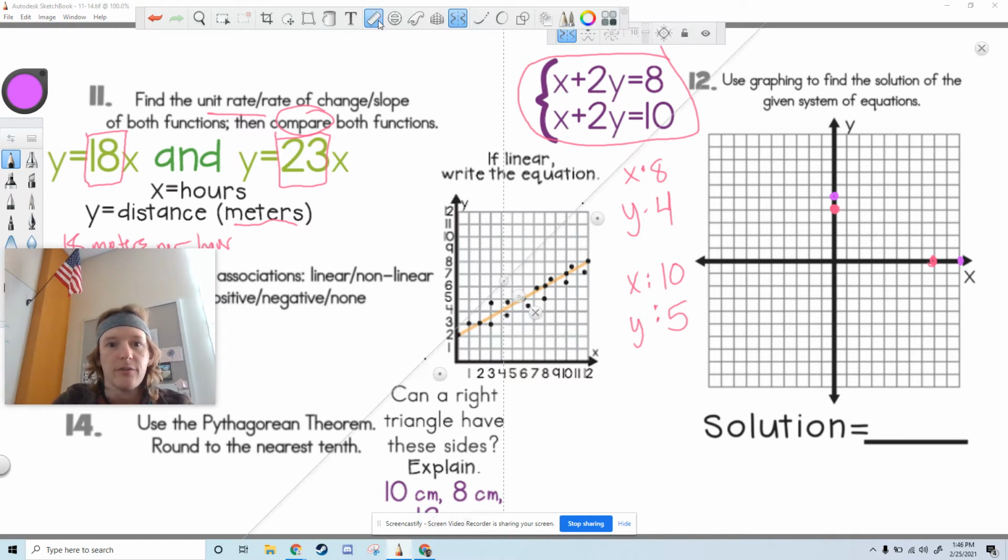And now we want to find where these two lines are going to cross. So we'll draw the lines. So there's our pink line. There's our purple line.